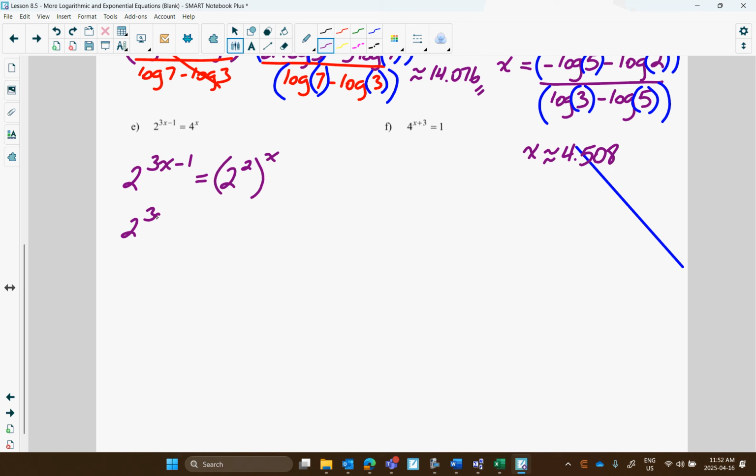I have to use an exponent law to simplify the right-hand side. It becomes 2 to the 2x. Take the bases out, solve what's left.